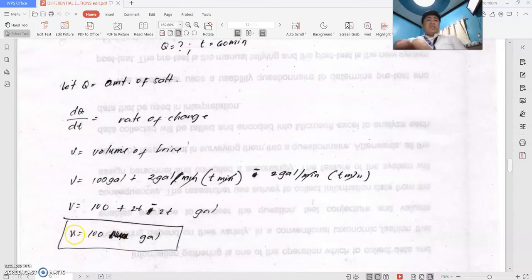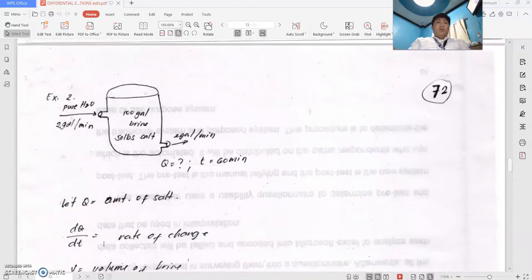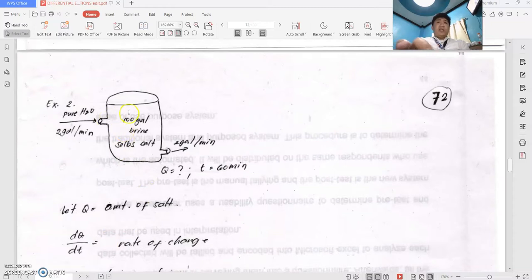So what remains is just 100 gallons. Okay? So, ang volume na to will always be 100 gallons. Kay, bisan pag unsaon na to, pag sud ani, dili man jud siya musaka kay ang kakusgon sa pagsud, pareha ra man kakusgon sa pagawas. So, the volume inside will always be 100 gallons.